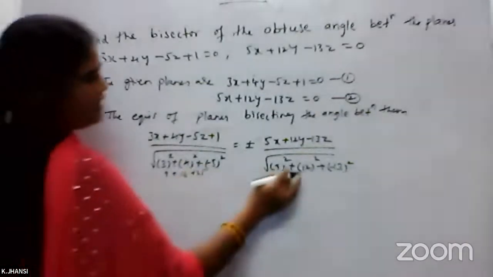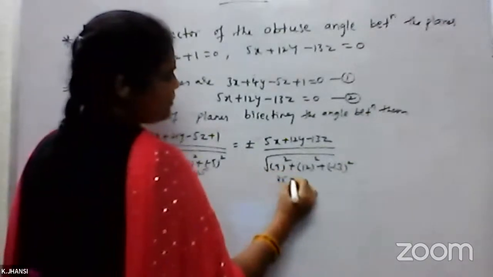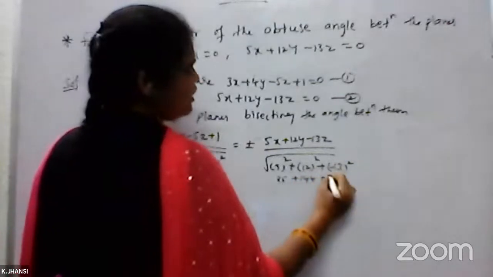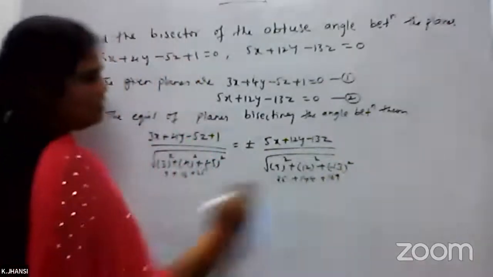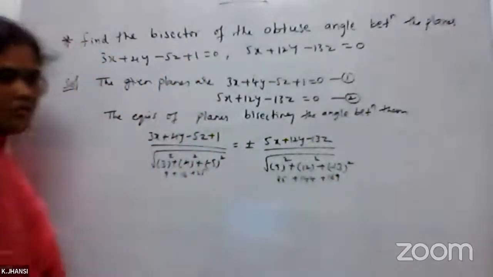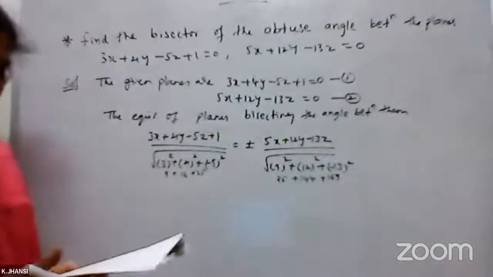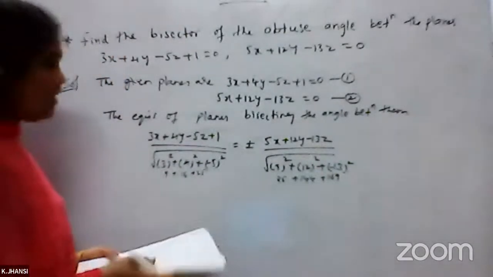Okay, and here you will get 25, and 12 whole square means you will get 144, and 13 whole square is 169. So 169 plus this is also 169. Okay, so if you add both of them, you can write it as 13 root 2.